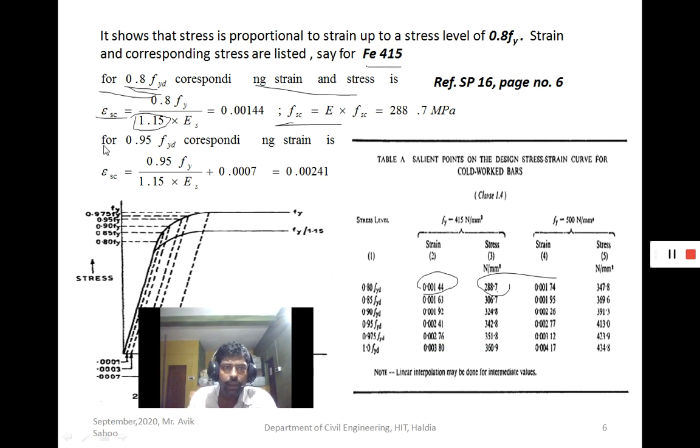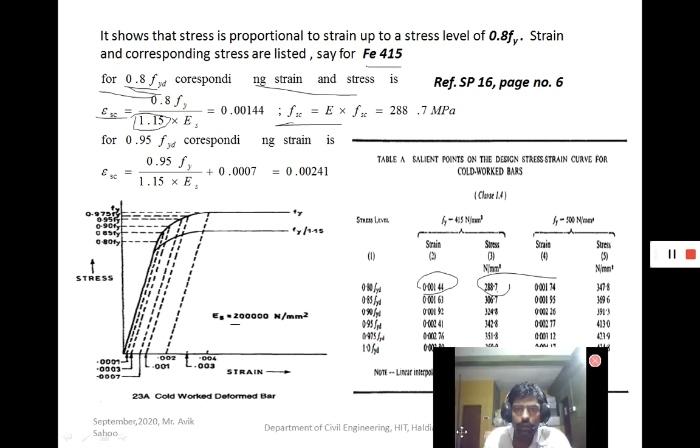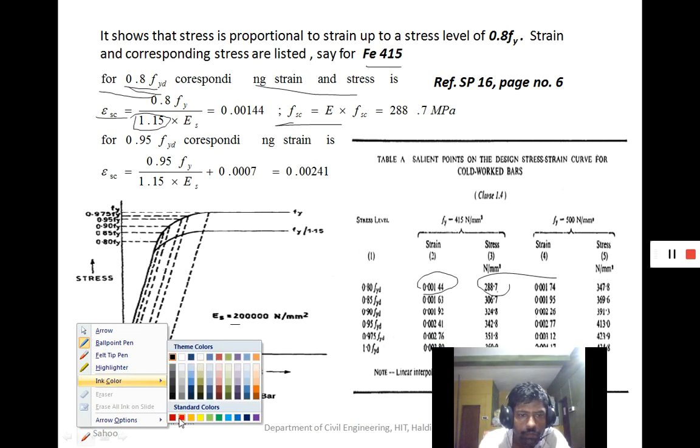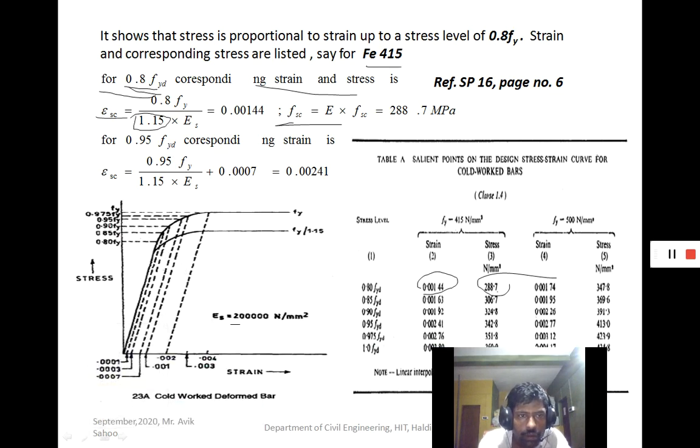So again, for the 0.95 design yield strain, the corresponding strain is how much? You see that 0.95 means this value, and the corresponding strain is 0.007. This is a permanent strain.